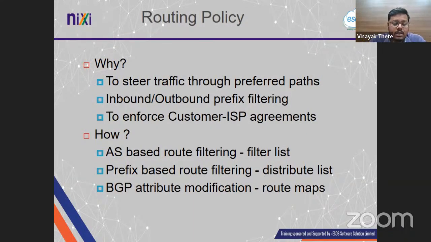You can map a policy where we mention that the AS number of Google will go from my peering link only. So the AS number of Google and the AS number of Amazon will travel from my peering link only, using that policy.